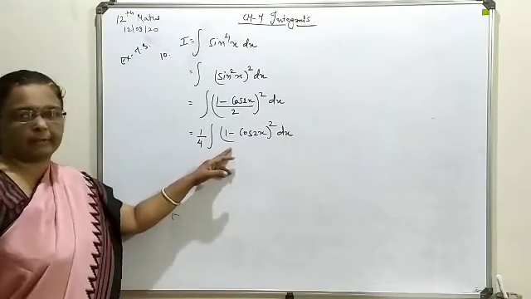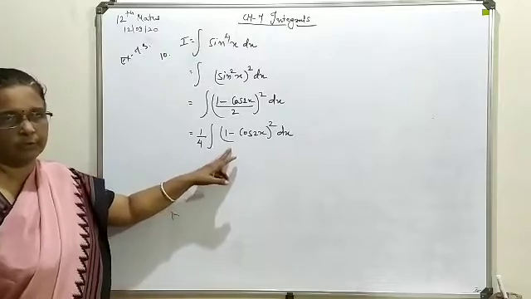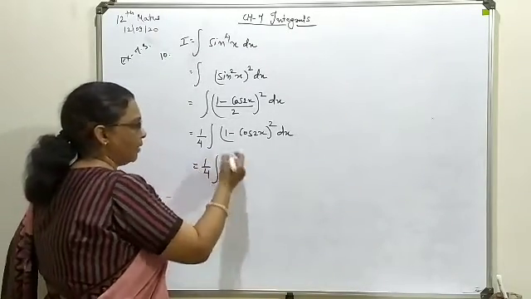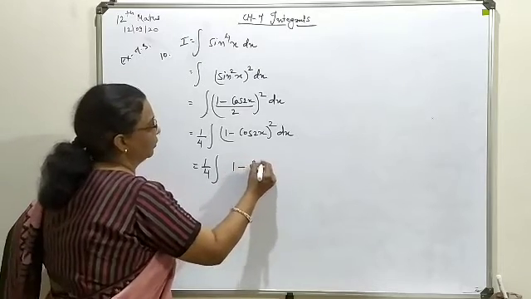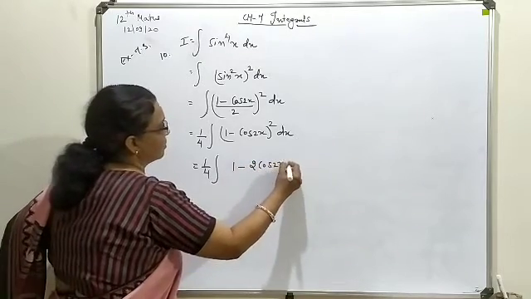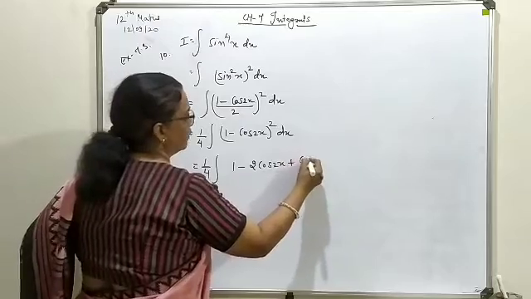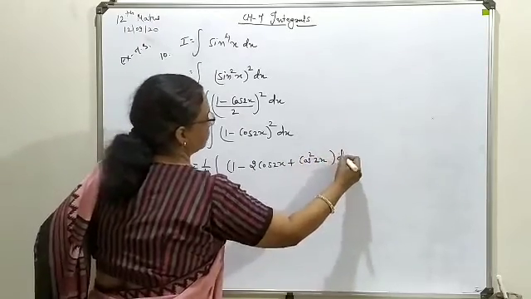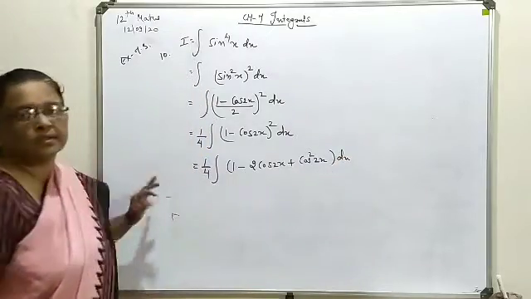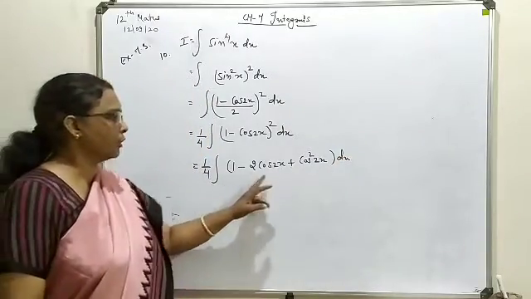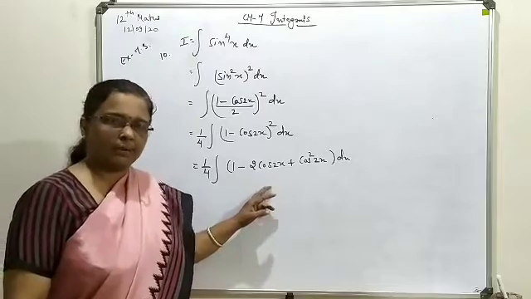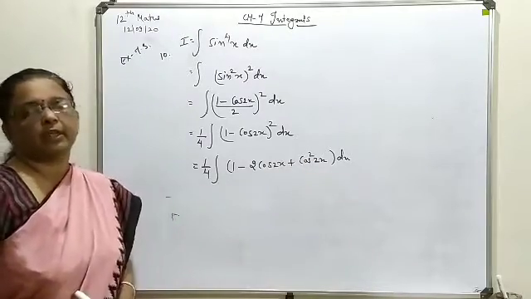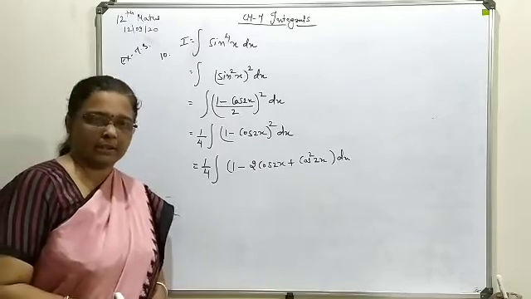Now go for writing its expansion for the square. So this is your 1 by 4. This is 1 minus middle term 2 cos of 2x plus last term cos square 2x. Still you can see these two terms are available which can proceed for integration, but this cos square we still can't proceed with for direct integration.